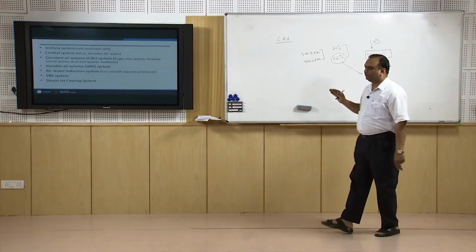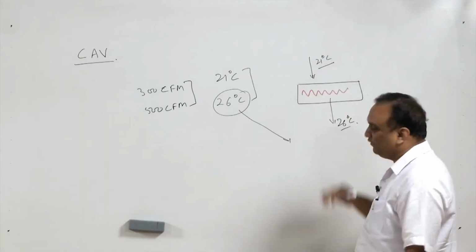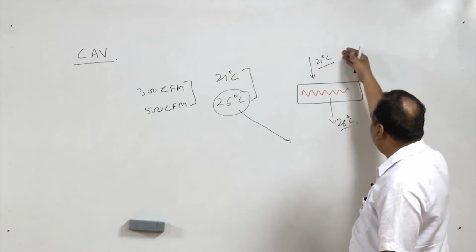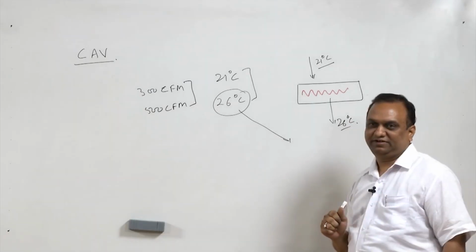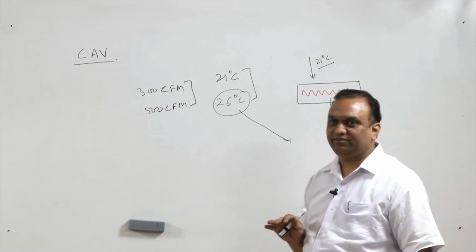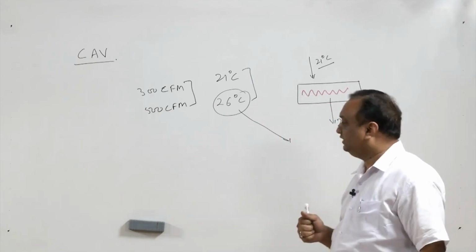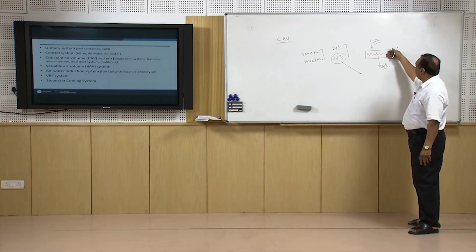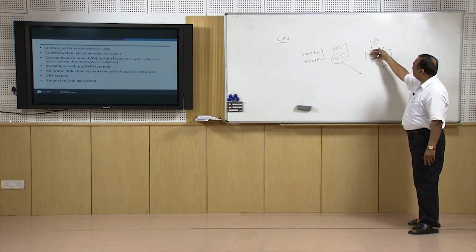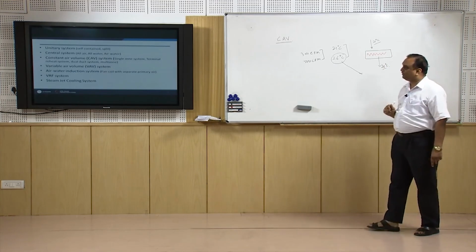Definitely on the one side we are cooling the outside air which is available at 40 degrees centigrade to 21 degrees centigrade, and again we are heating it to 26 degrees centigrade. So, this system is not very energy efficient, but it is very flexible and easy to control, because we have to simply use the heating. Suppose electrical heating system is there, so fine control can be done in such type of system.